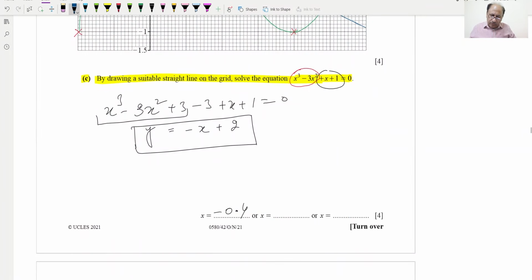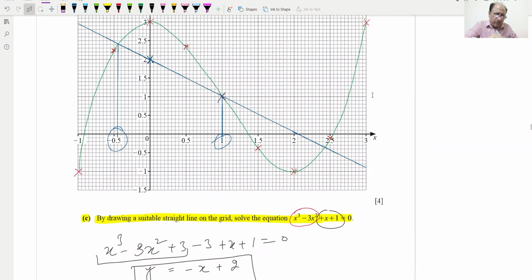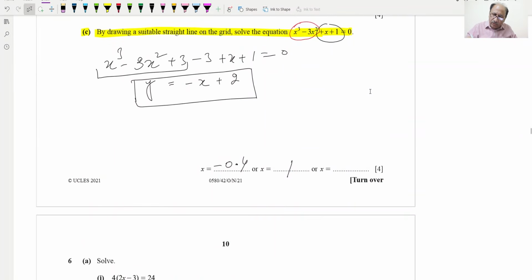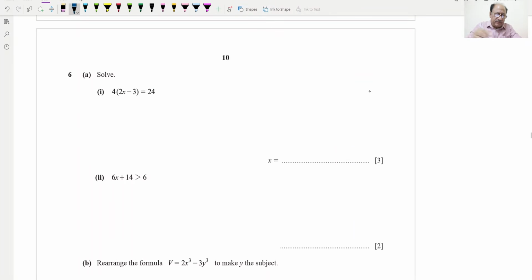The third solution we can check as well, roughly. This is 2.3, so we can provide the answer as 2.3. This will be the final answer for the 4 mark question which we have done. Now question number 6.